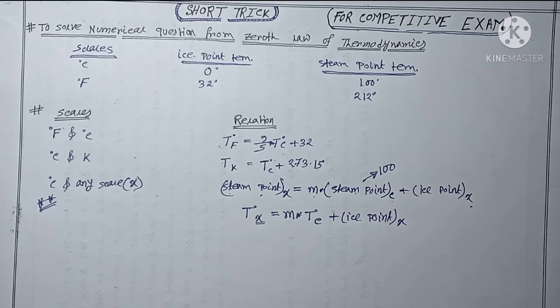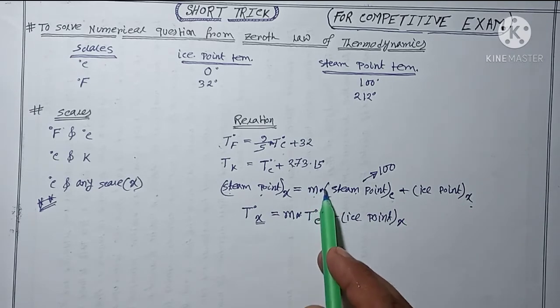Once again I am repeating it, listen carefully. The steam point temperature and ice point temperature will be provided. The steam point temperature is equal to some multiple constant times the steam point temperature in Celsius scale plus the ice point temperature in X scale.